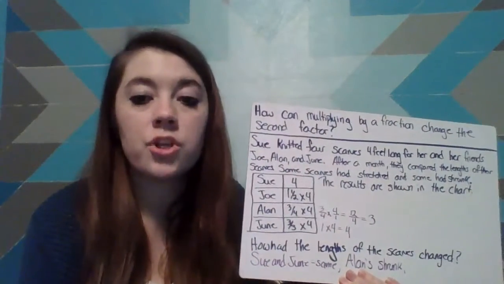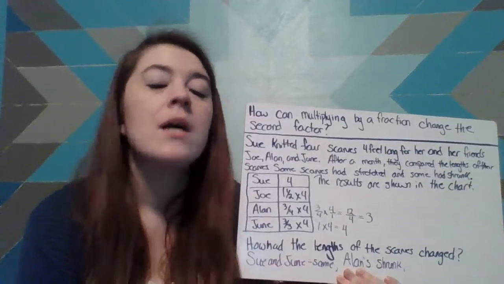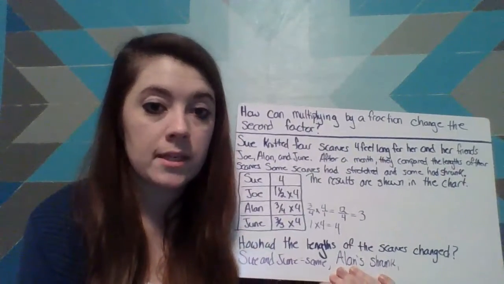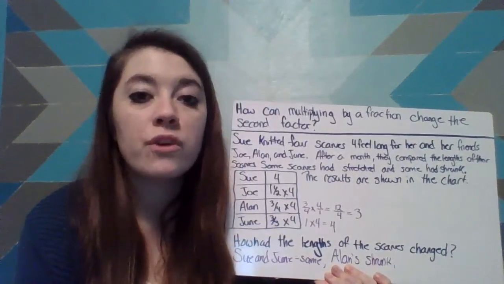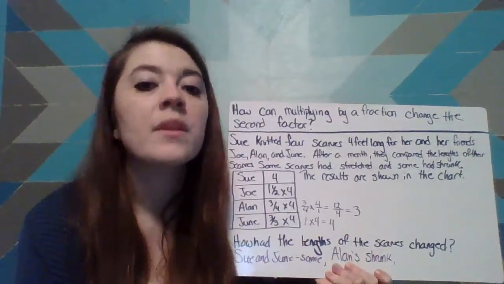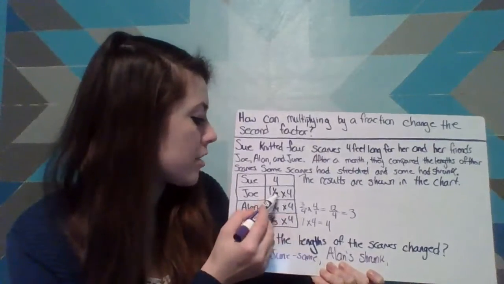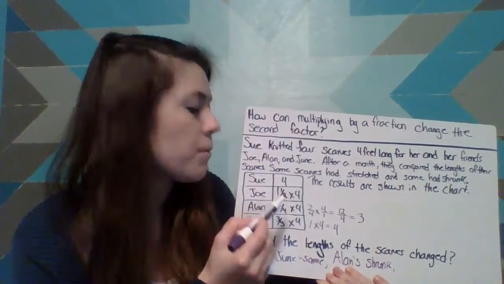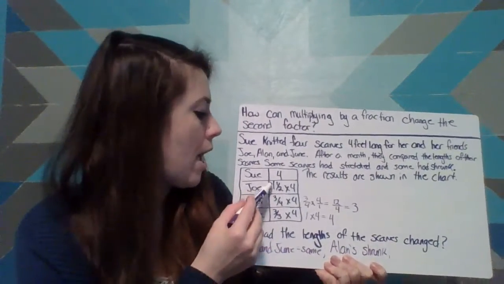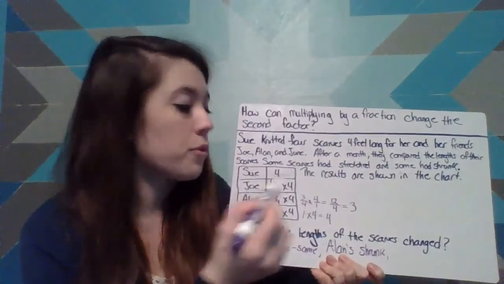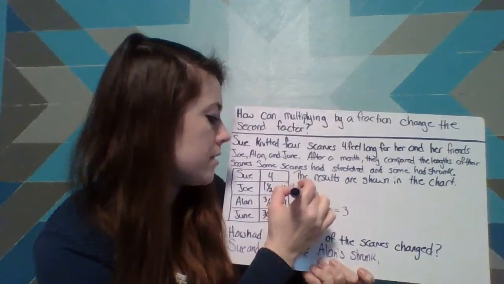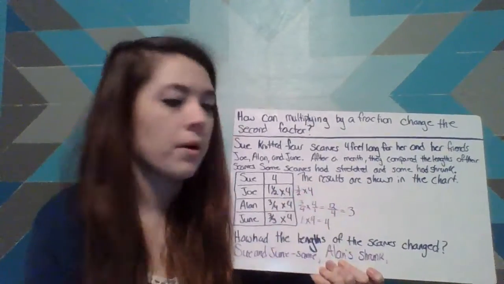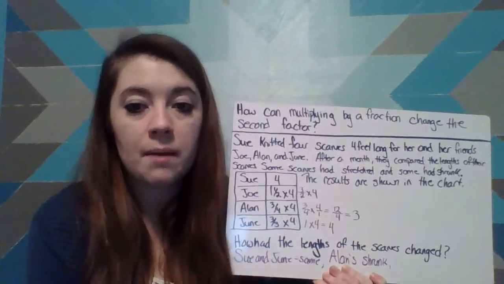Now we need to look at Joe's. So we're taking a mixed number times a whole number. So we've looked at this just in our last lesson that you guys did. So the first thing we need to do is convert it to an improper fraction. So 2 times 1 is 2, and 2 plus 1 is 3. So this is really 3 halves times 4. So now we have a fraction times a whole number.